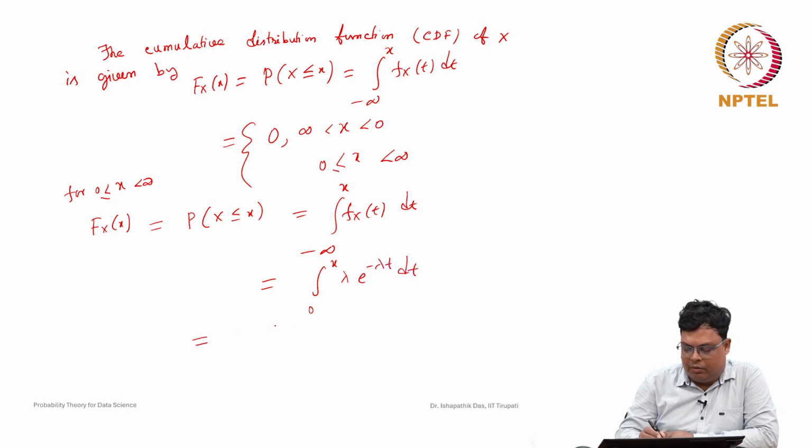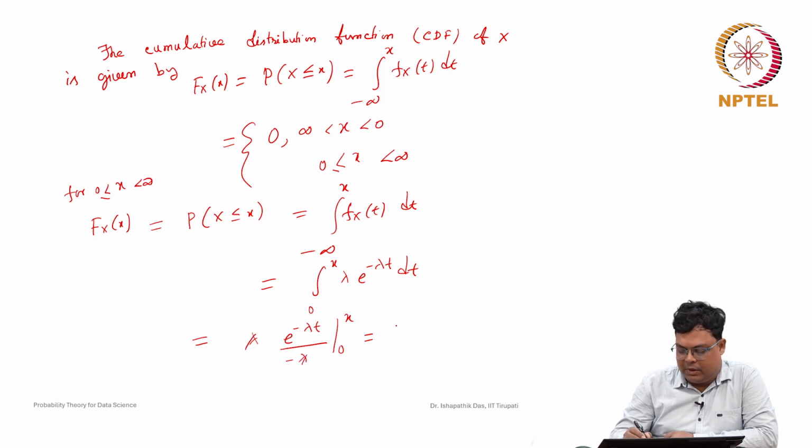How can we find that? Since lambda is a constant, integrating gives e to the power of minus lambda t divided by minus lambda, so the lambda cancels and the minus sign remains. At x this is e to the power of minus lambda x, and at 0 it is e to the power of 0, which is 1. So, it will be 1 minus e to the power of minus lambda x.